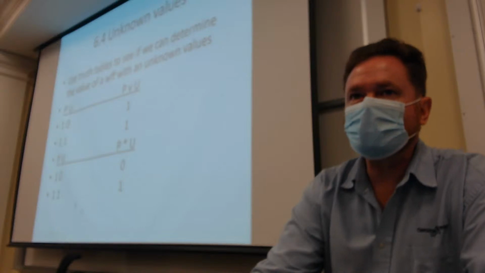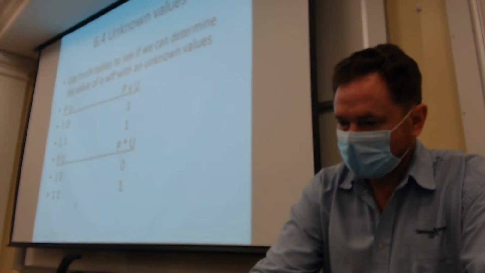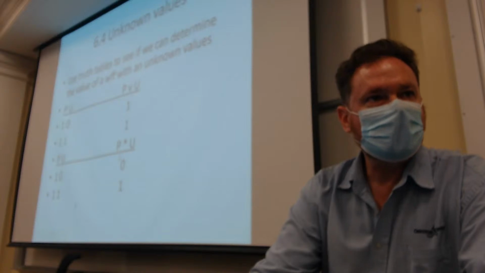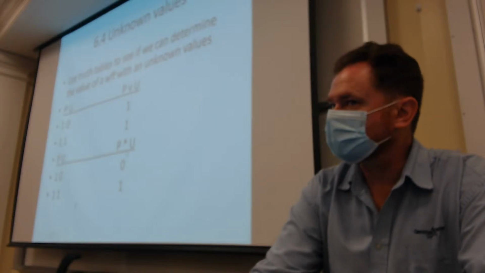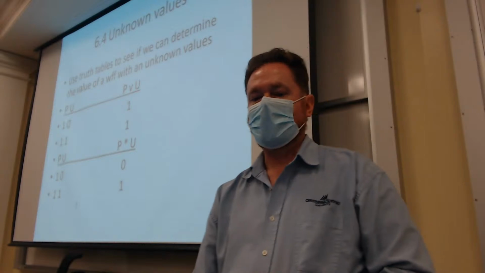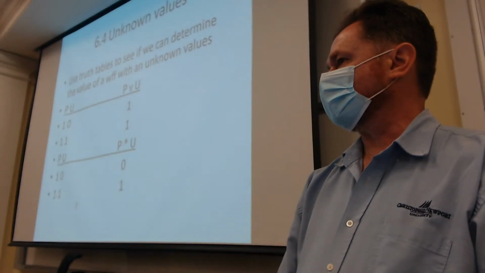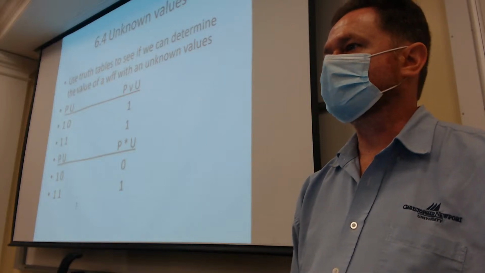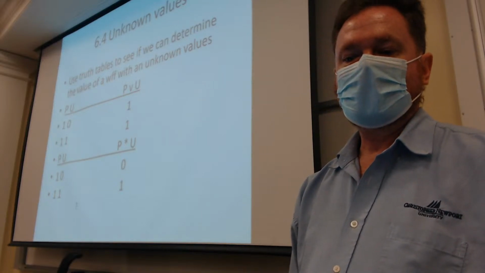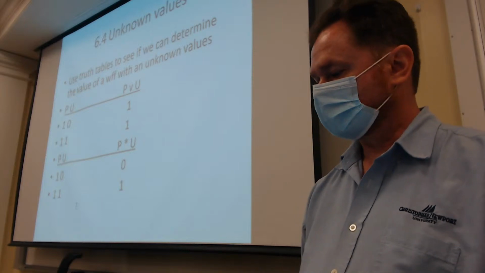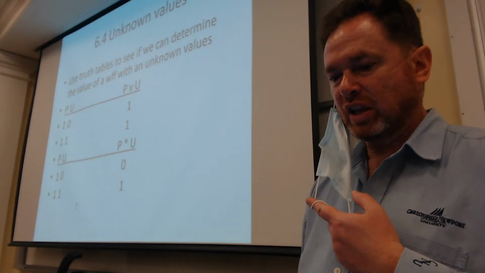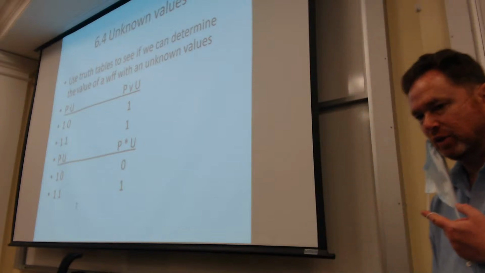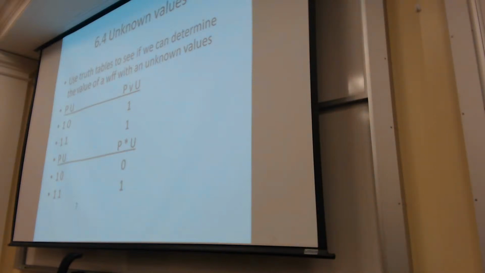Therefore, we put a question mark there because the value of the AND statement is unknown without more information, because it changes when the value of the unknown statement changes. All right, so that's a quick primer. The two-step truth table shows us that sometimes we can calculate the value of a statement without knowing both values, and sometimes we can't. Shocking.